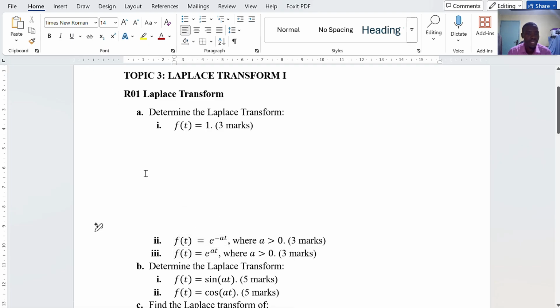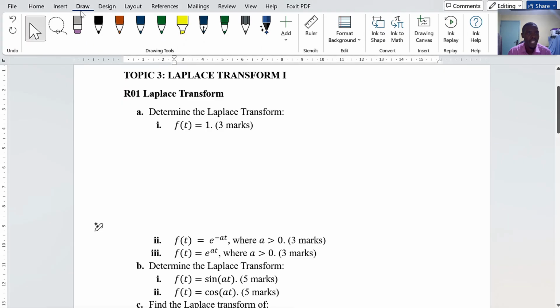All right, so let's begin. A Laplace transform of f of t is defined by F of s.